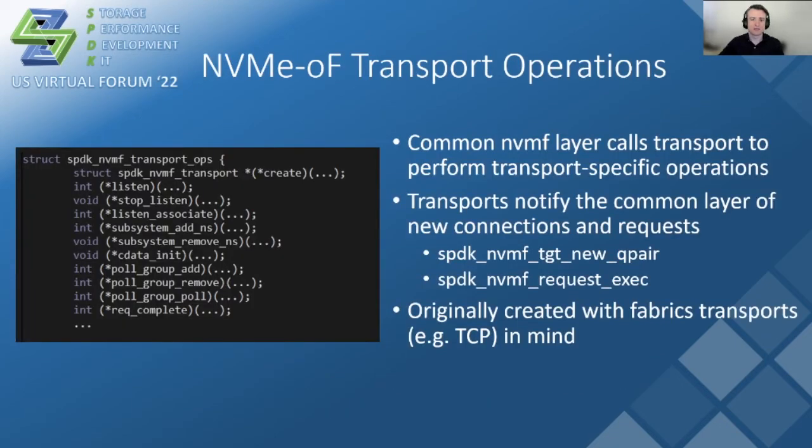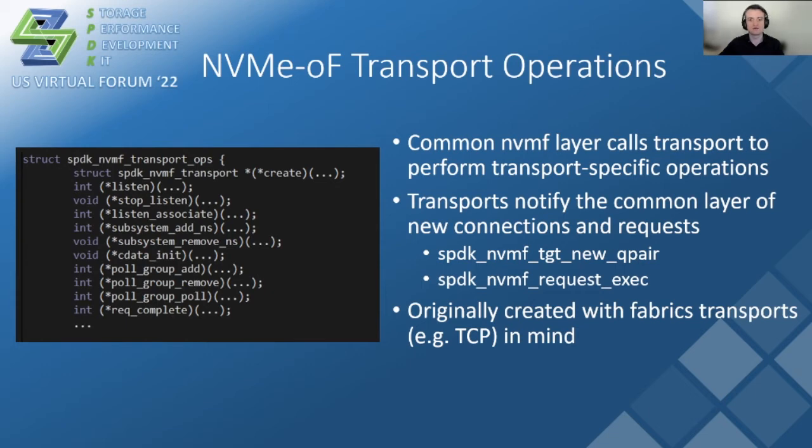But before we go any further, I would like to give a quick reminder on how a transport is registered and what operations it needs to actually implement. The key structure here is spdk_nvmf_transport_ops.